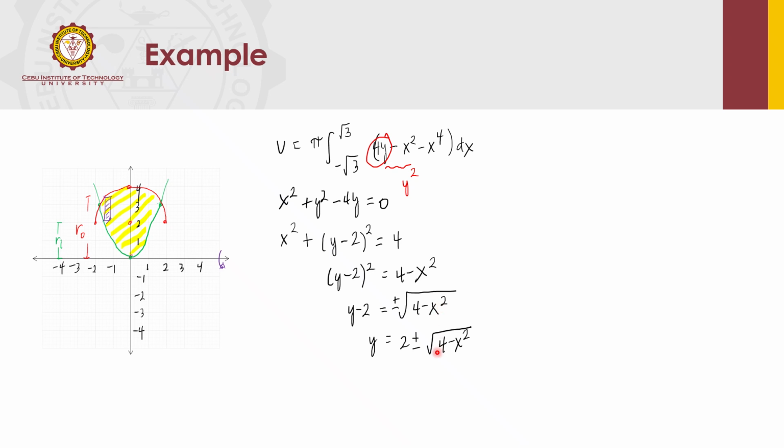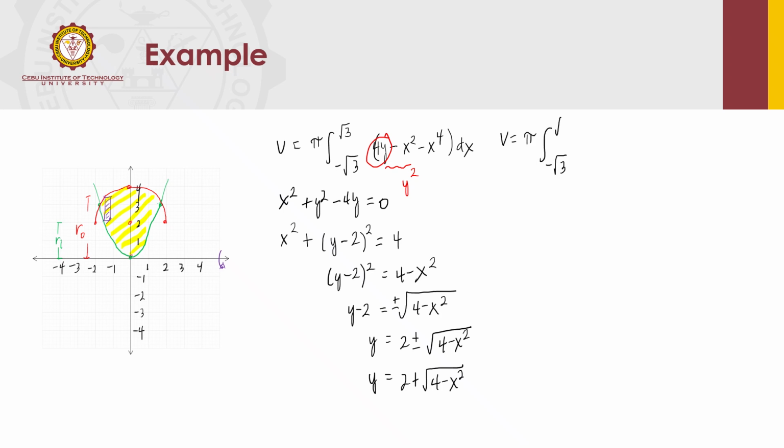So the 2 plus square root of 4 minus x squared are the ones here, and 2 minus the root on the lower part. So we're going to use the 2 plus square root of 4 minus x squared for that, and then we're going to square it.